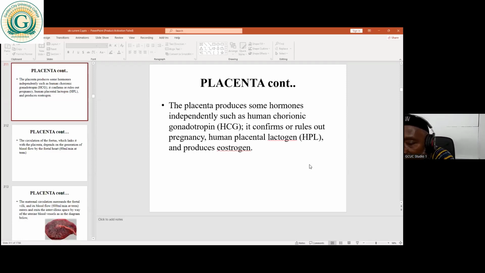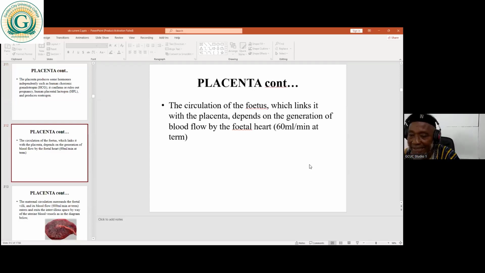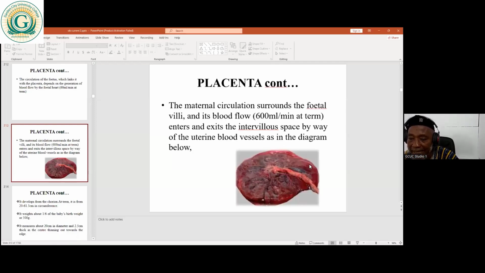The circulation of the fetus, which links it with the placenta, depends on the generation of blood flow by the fetal heart. When the fetal heart beats, the blood flows at 60 miles per minute. The maternal circulation surrounds the fetal villi, and its blood enters and exits the intervillous space by way of uterine blood vessels, as in the diagram below.